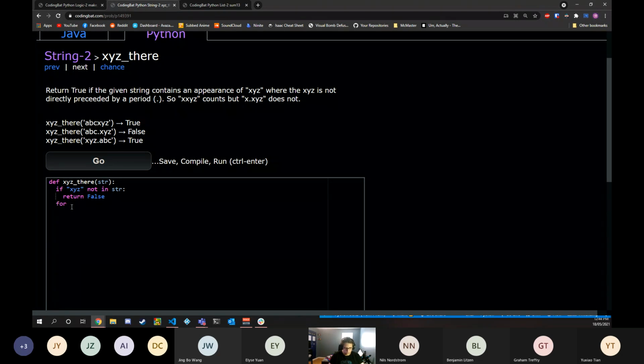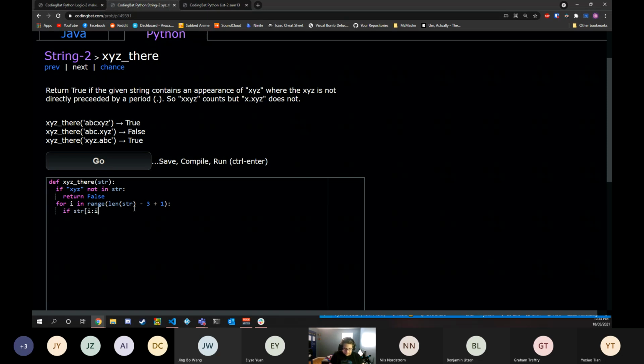So I'm going to use a good old fashioned for loop. For I in range, starting at the beginning, going to the length of the string. However, I'm going to do something very similar to something we looked at last week. I'm going to look at the string in chunks, specifically 3-letter chunks, meaning that I need to go length minus 3 plus 1 because I'm going from I to I plus 3.